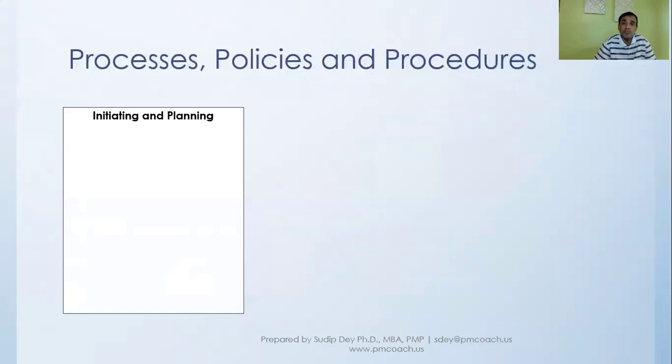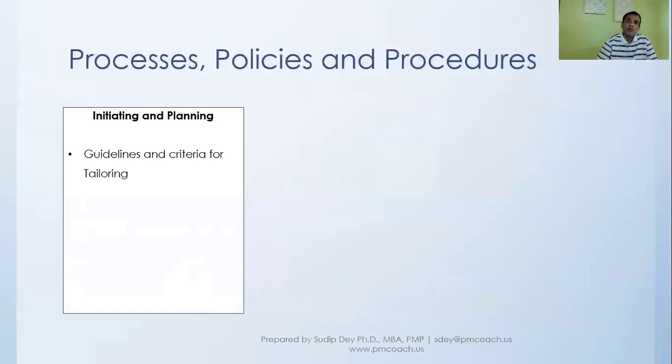What are the processes, policies, and procedures that will be worth looking at? One is guidelines and criteria for tailoring. What does this mean? When we get into an organization, we'll find that there are many guidelines.